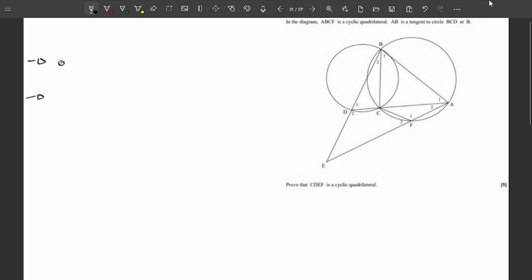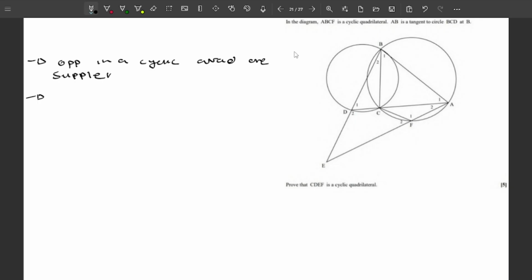The opposite angles in a cyclic quad are supplementary. Let me write it down because I don't want to erase it. I want us to use this even when we attempt this problem.